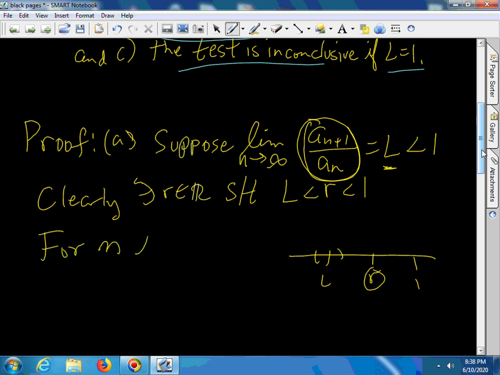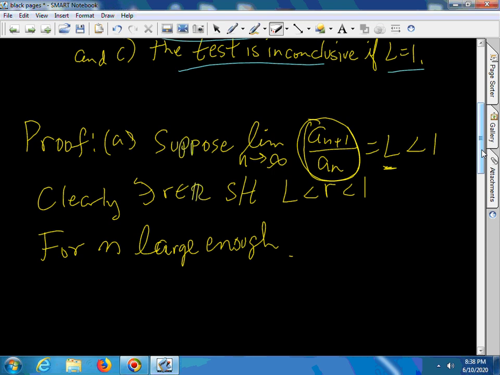For n large enough, that ratio will be less than R. A sub n plus 1 over a sub n will be strictly less than R. Okay.